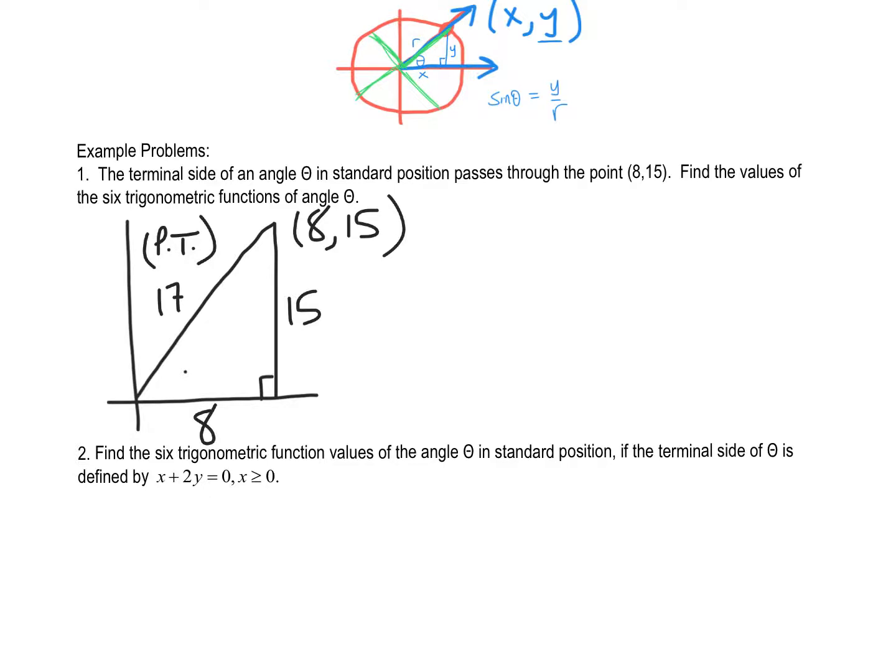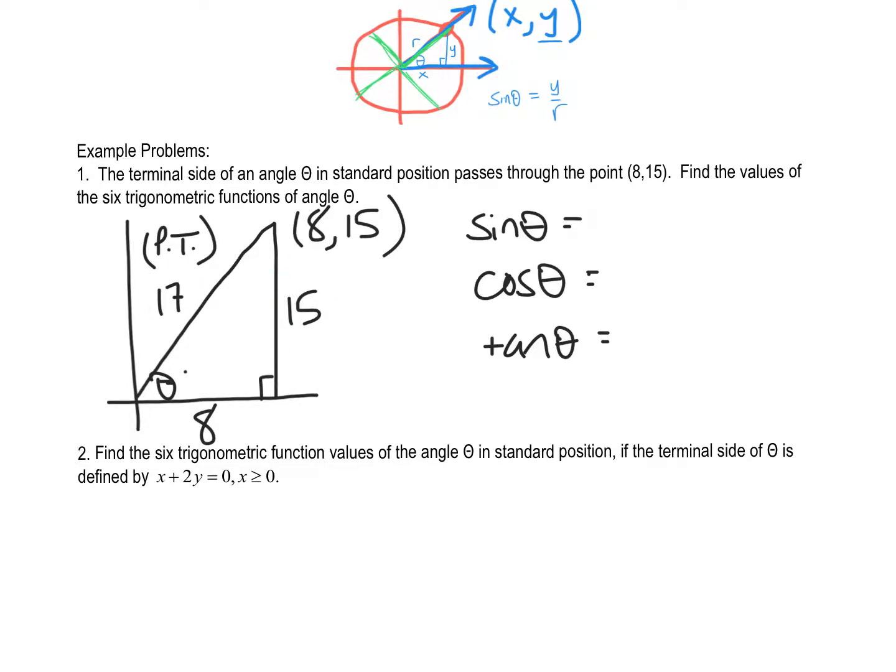I'm going to put my theta here. I can do sine theta, cosine theta, tangent theta. And they're just going to be fractions, remember. I'm not going to be using opposite over hypotenuse for sine. I'm trying to use what we have in the chart above, the y value and the r value.